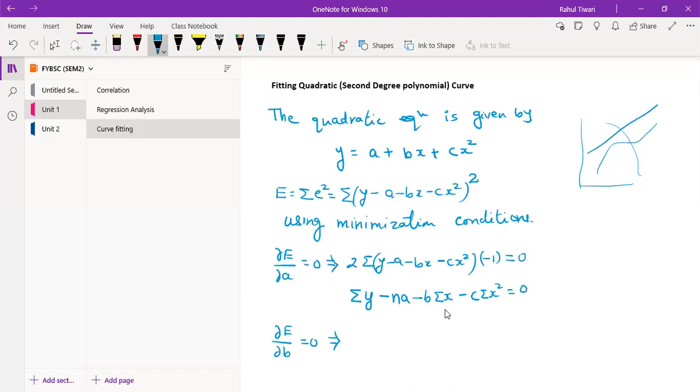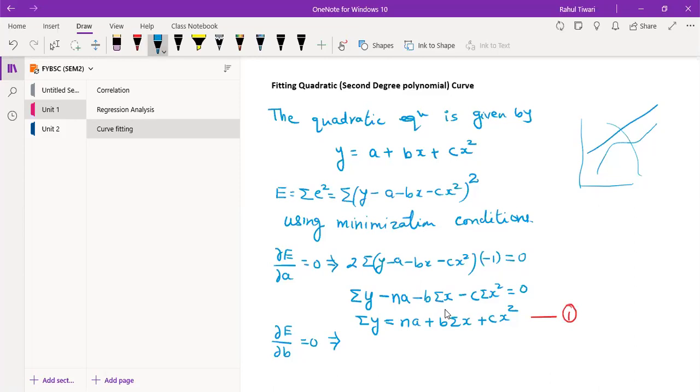And this implies that we have summation of y is equal to na plus b summation of x plus c summation of x square. We will call this one, say 1.